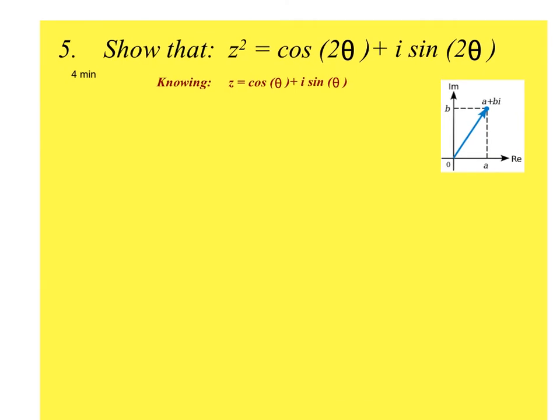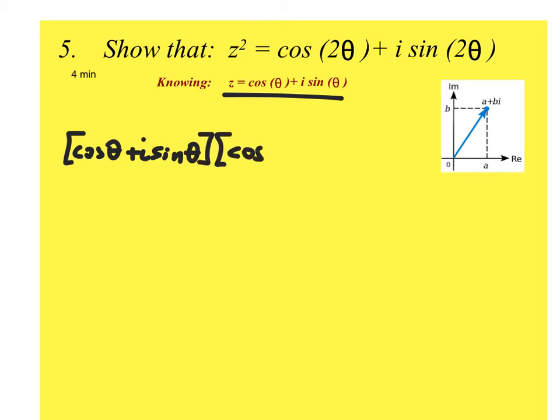I'd like to show in number 5 here that z squared equals the following. It's actually a pretty cool identity. So I'm going to take this thing, which is called z, and I'm going to square it. So that means I would have cosine of theta plus i sine of theta times itself, cosine of theta plus i sine of theta.